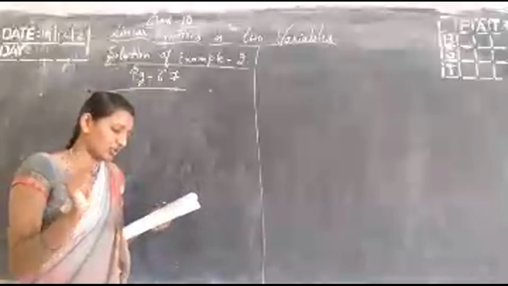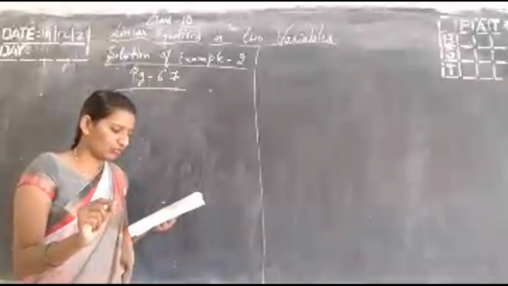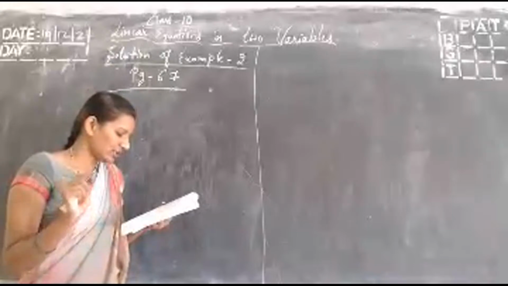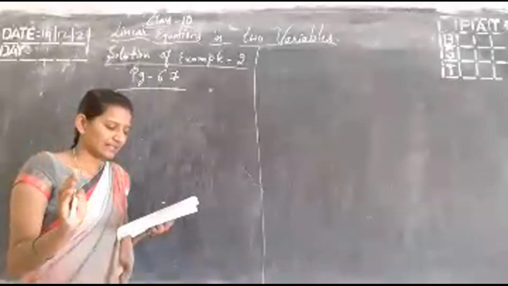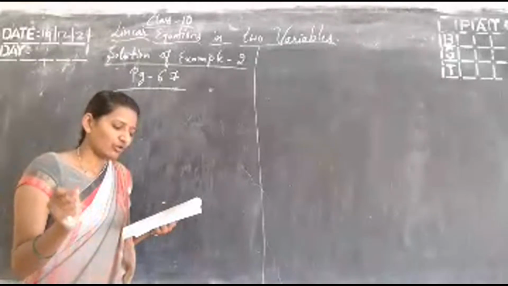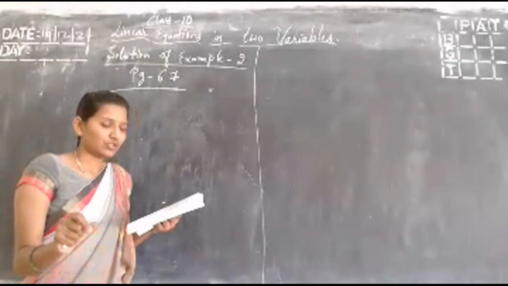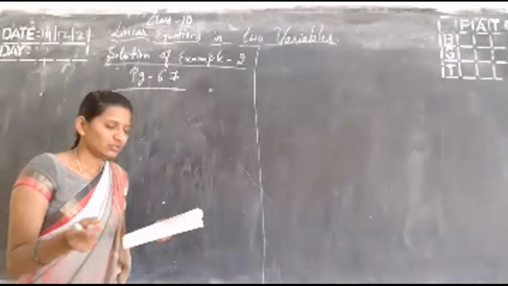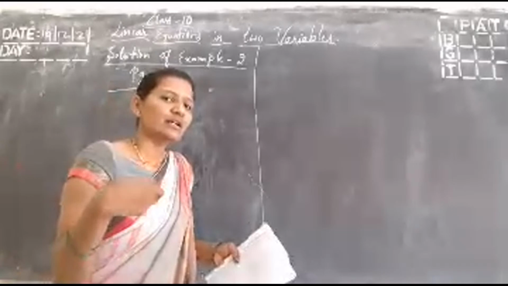Her friend Sonali saw the new variety of pencils and erasers with Romila, and she also bought 4 pencils and 6 erasers of the same kind for 18 rupees. Represent this situation algebraically and graphically.